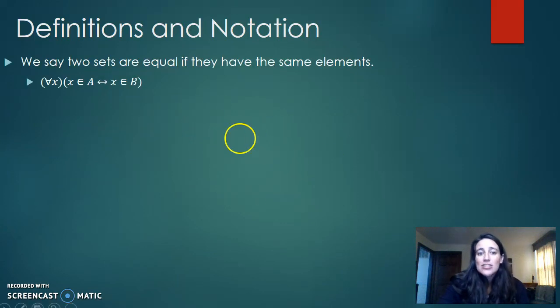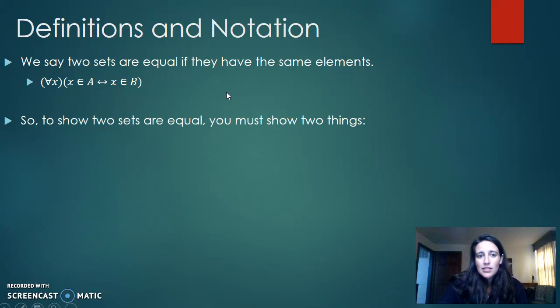We say two sets are equal if they have the same elements. So for all X, X is in A if and only if X is in B. To show two sets are equal, you must show two things. Remember, the implication here can be read in both directions.